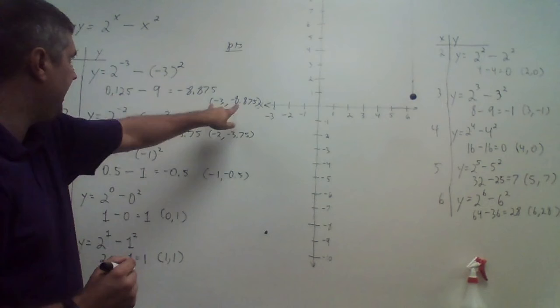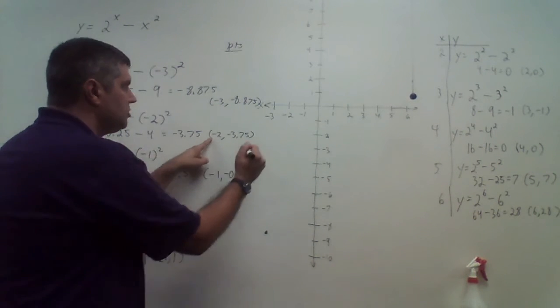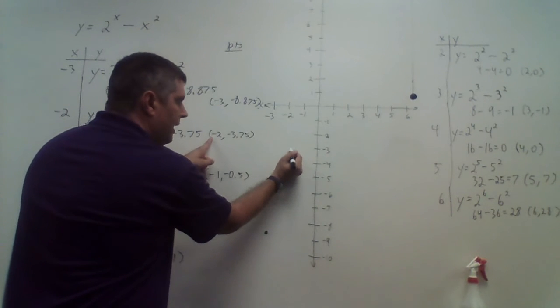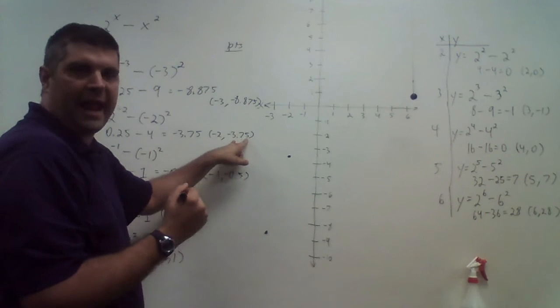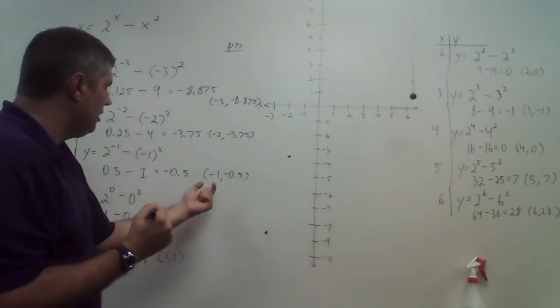Okay? So here's this one. Now I'm going to do negative 2, 3.75. So negative 2 on the equivalent of the number line, and then 3 3/4, about right here. Somewhere between a half and a full.